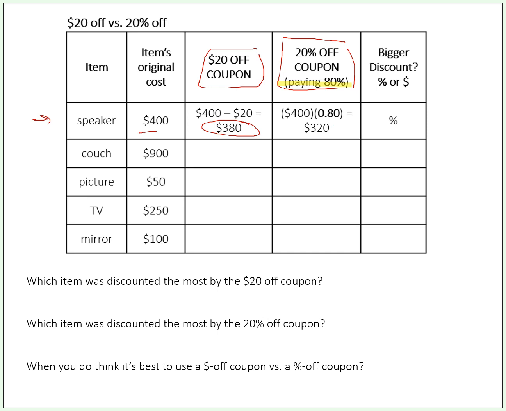With the 20% off coupon, I'm going to only pay $320. So it's asking me what's bigger, the $20 off or the percent off. And in this case, the percentage is a lower price. So the answer in that final column would be that the percent off is the better coupon. It won't always be. So work through those and see which one is going to be better, the $20 off coupon or the 20% off.